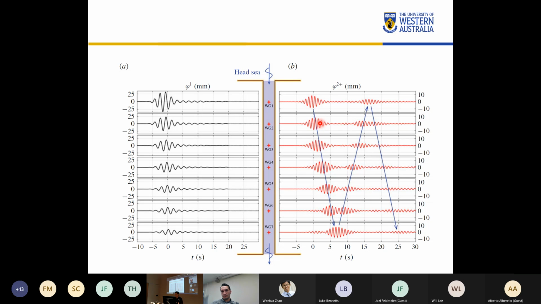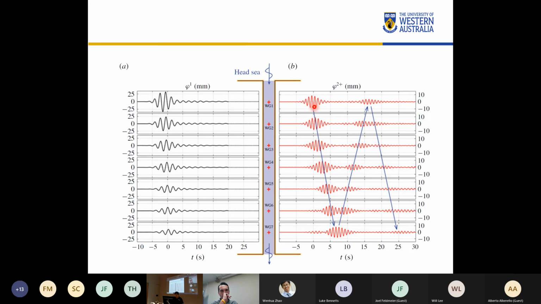And the second harmonic corresponding to the gap resonance mode, or the wave resonant mode. And on the left-hand side, you can see when the waves propagate from the top to the bottom, it takes only 1 second. If you look at the time axis, the horizontal axis, so this is -1 seconds, and at the bottom, that's 0 seconds. So that's only 1 second.